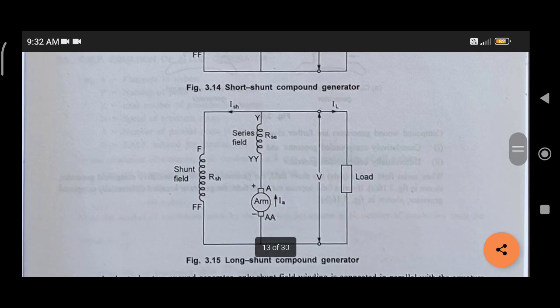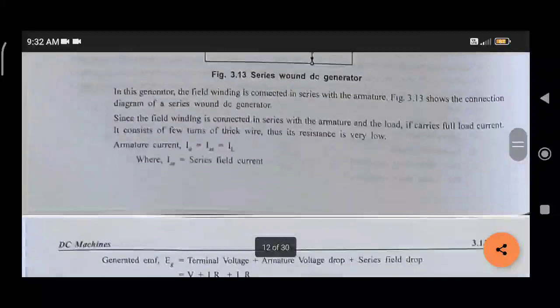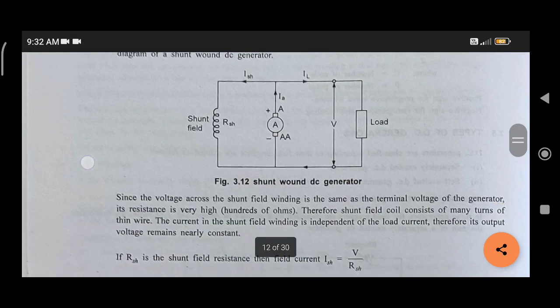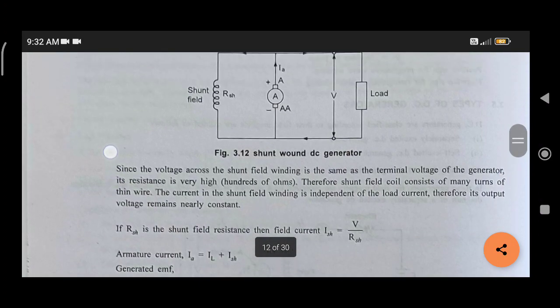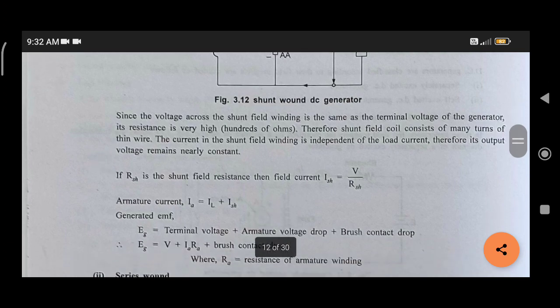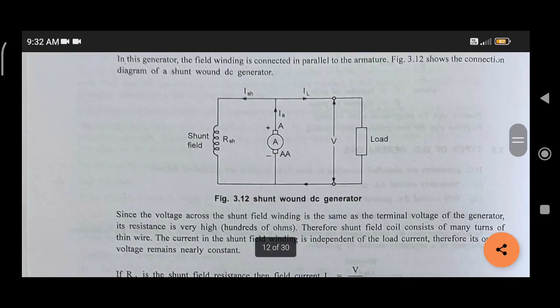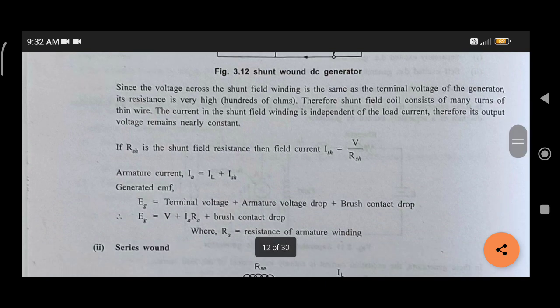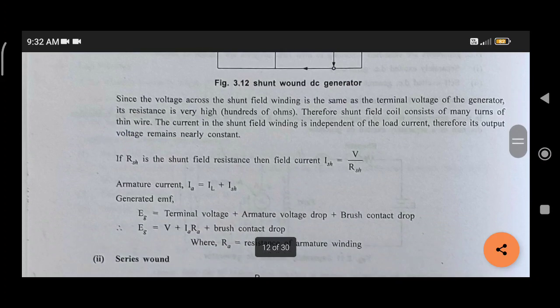Now we are going to see the mathematical formulas for shunt, series, and compound. In the shunt machine, we have a relation between currents like this: you can clearly see that the armature current Ia is divided into ISH and IL. So Ia is equal to IL plus ISH, and the voltage formula is Eg equals V plus IaRa plus the brush contact drop.